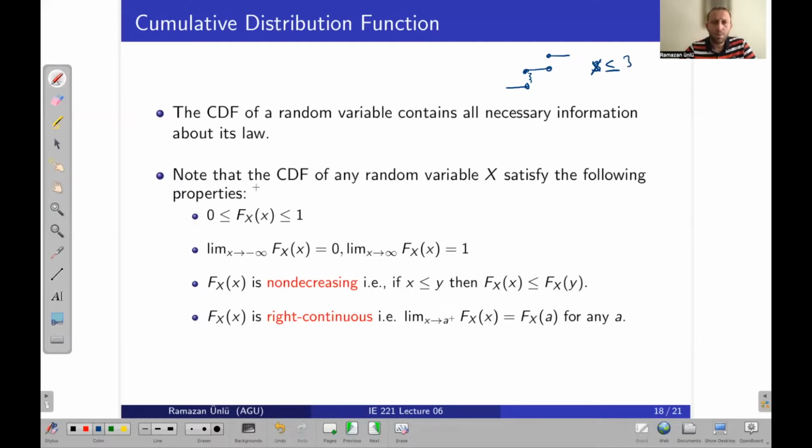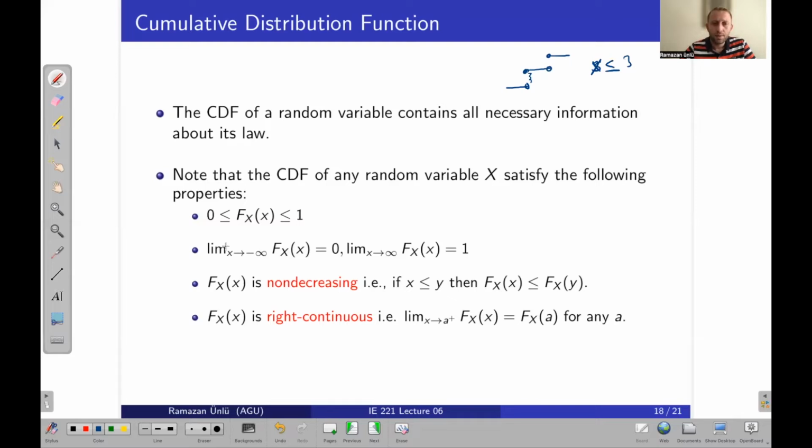Remember that the CDF of any random variable X should satisfy the following properties. The CDF should be greater than or equal to 0 and less than or equal to 1, so the range of the CDF will be between 0 and 1.